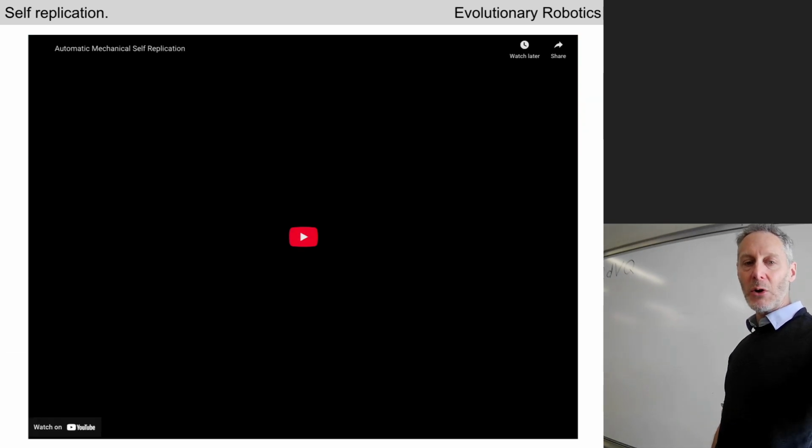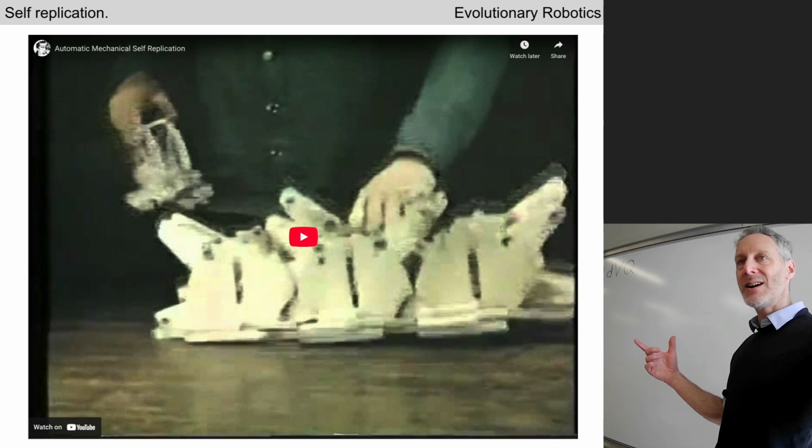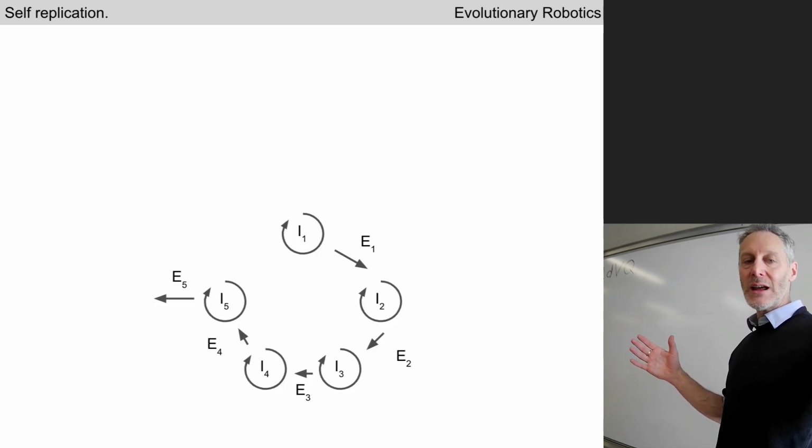And in the video we watched last time, he showed how if you keep adding a little bit more detail to these wooden contraptions, not a lot of detail, you can end up actually getting self-replication.